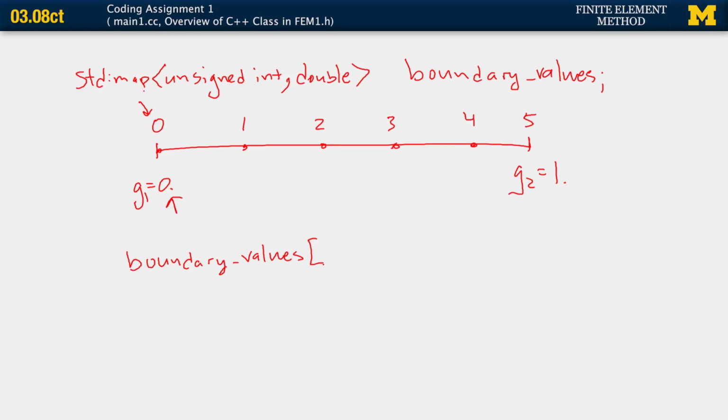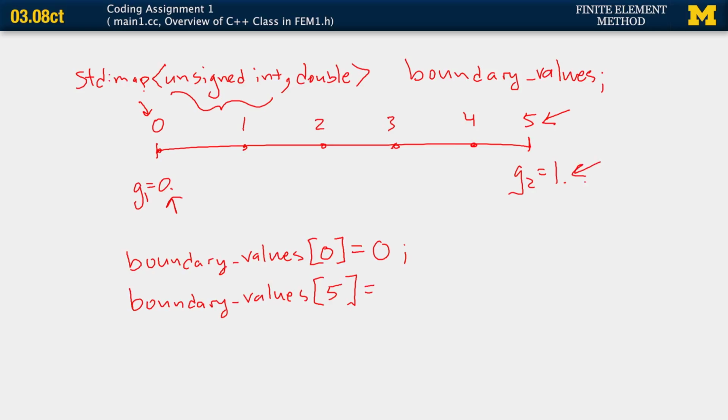All we need to do here is boundary values. The first term you can think of as an index. At node 0, we have a boundary value of 0. There we've set that into this boundary values map. On the right, at node 5, we have an applied boundary condition of 1.